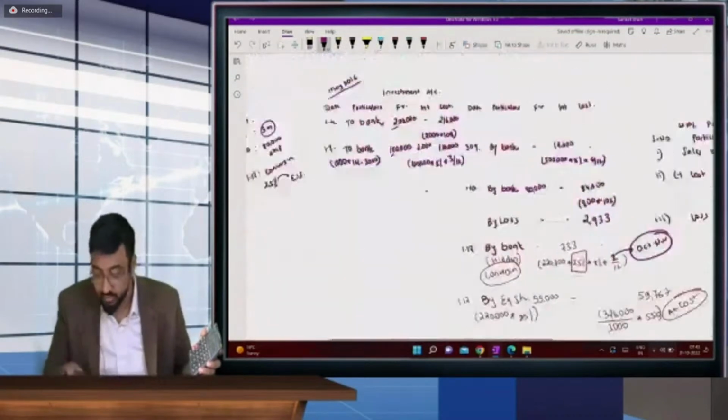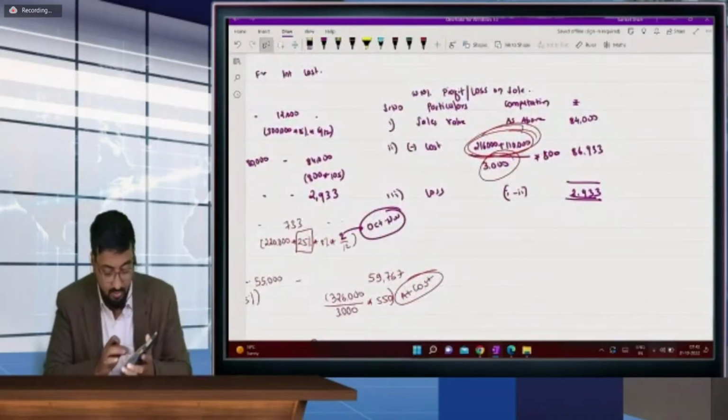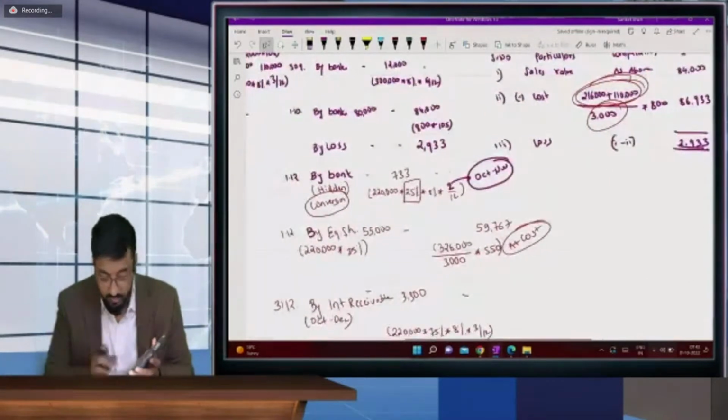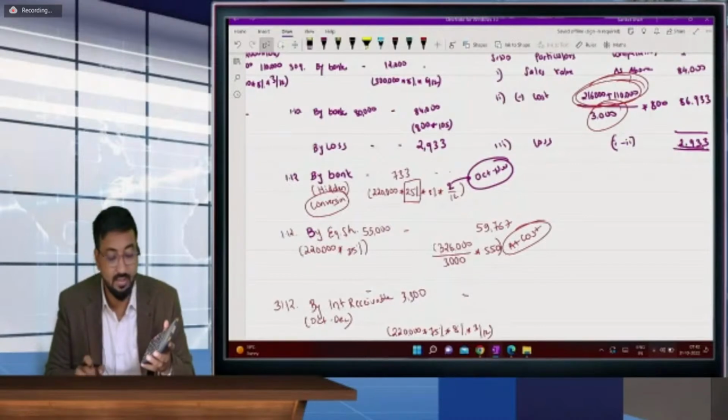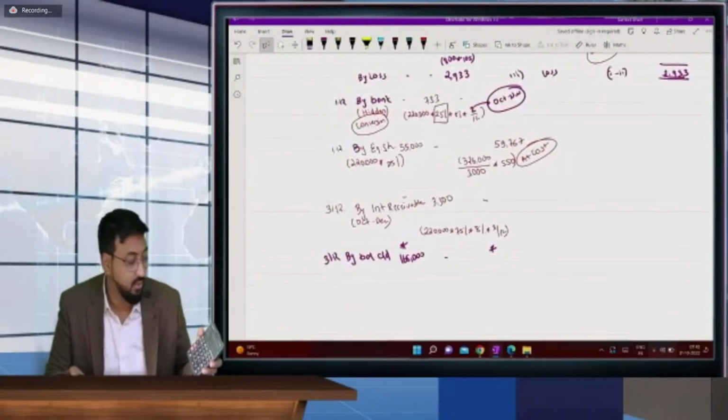110. And what is our cost, beta? Our cost for one debenture is 3,26,000 divided by 3,000, so 108.667. So cost or NRV, whichever is lower.